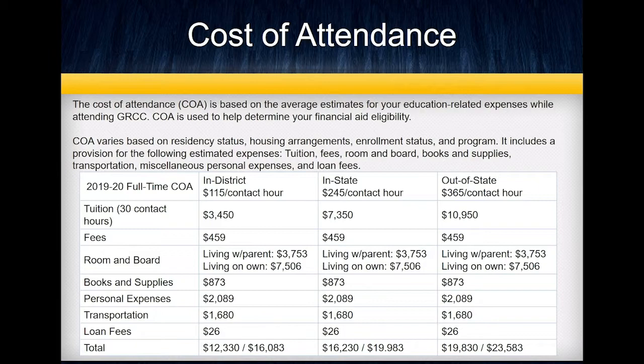Those students who live in state are anyone outside of the Kent County Intermediate School District, but still in the state of Michigan. And then out of state, of course, is out of the state of Michigan. So you will see if a student takes 15 credit hours each semester for a total of 30 credit or contact hours, you can get an idea of how much the student will be paying for the year at GRCC.